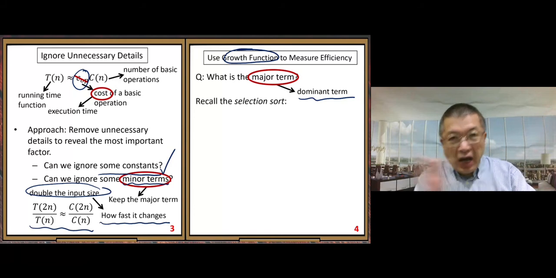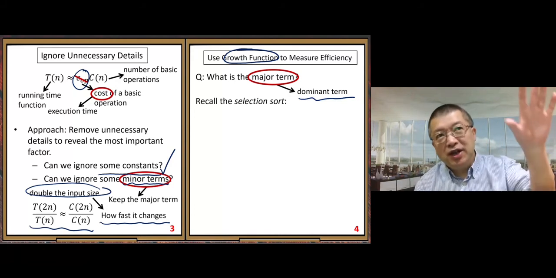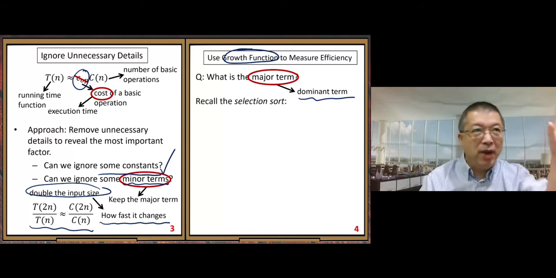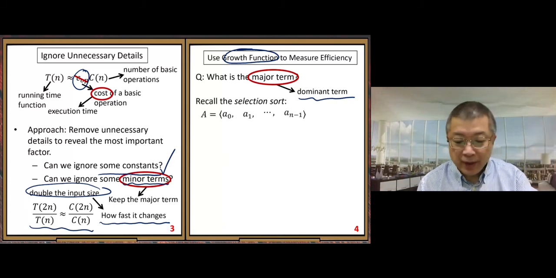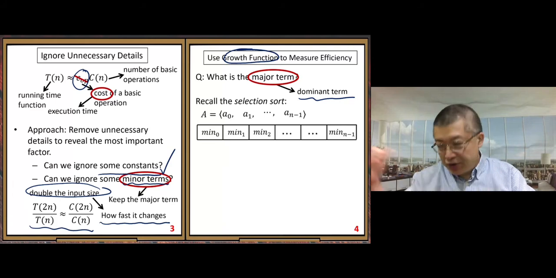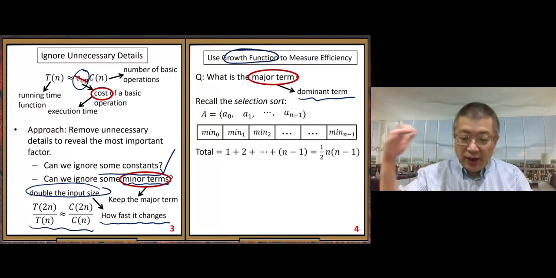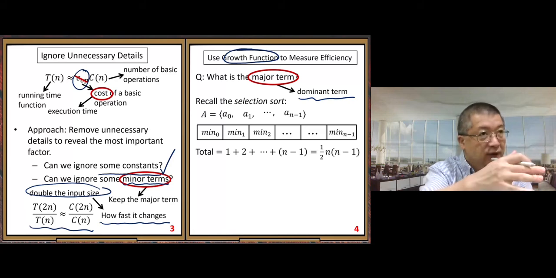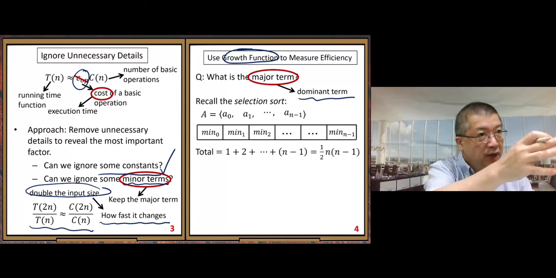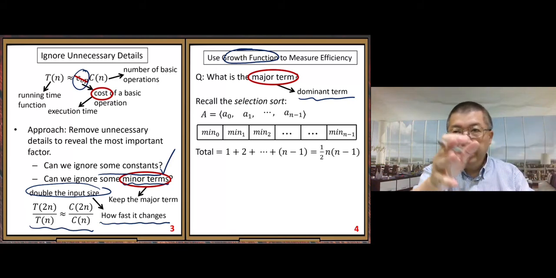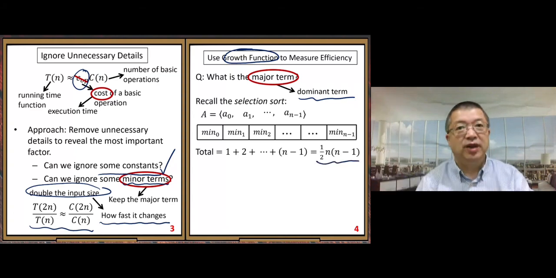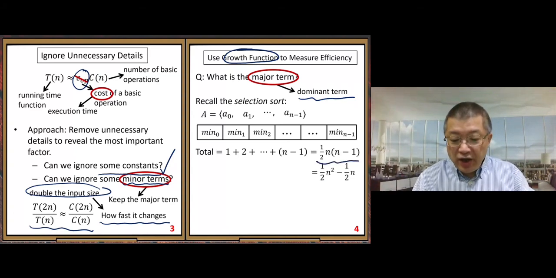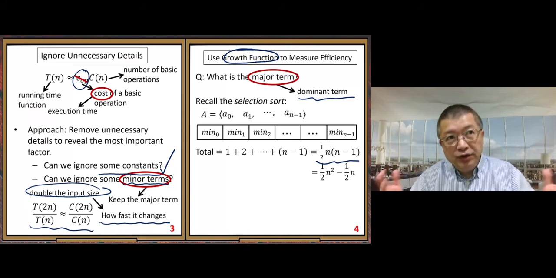In the selection sort, let's look at what is the dominant term, the major term, the minor term. In this array, when we do the selection sort, we get the counting number for the number of basic operations in this formula. If we expand this formula, we have two terms.